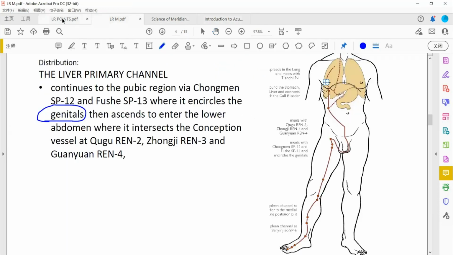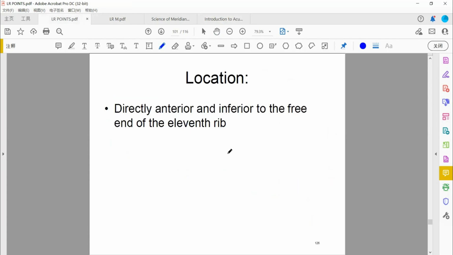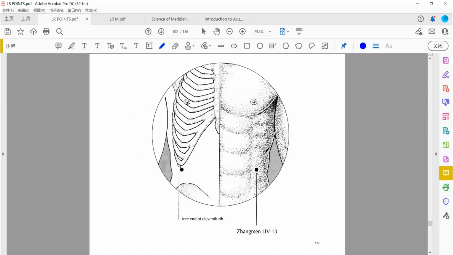So this one is the influential point of the zang organs. That means if this organ has something wrong, you can always choose this point, Liver 13. Meeting point of the liver and gallbladder channel. Directly anterior and inferior to the free end of the 11th rib.